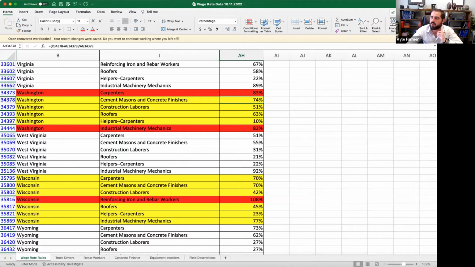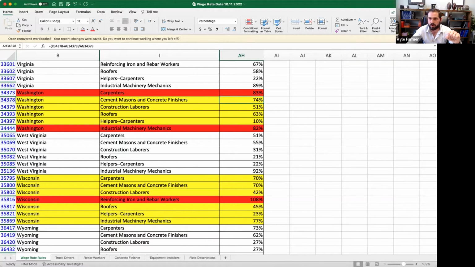One thing to be aware of that is particularly troublesome is that the adverse effective wage rate is redetermined every January. All of these wage rates, on the other hand, are redetermined July 1st, right in the middle of the working season.